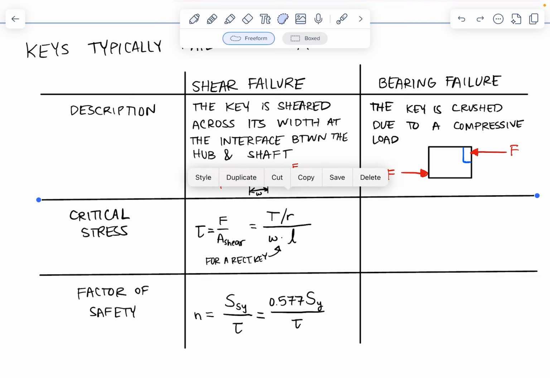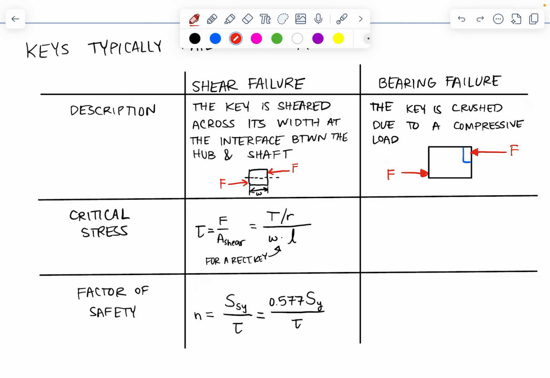Okay, so the critical stress for this failure mode is the crushing force, F, divided by the area that is being crushed. And so that force is still the same as the applied torque to the shaft divided by the radius of the shaft. And now the area that's being crushed is half the height of the key, so the height is this dimension.